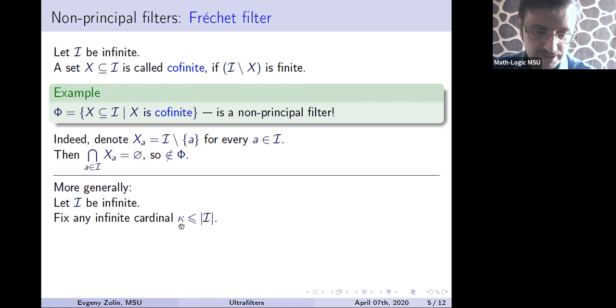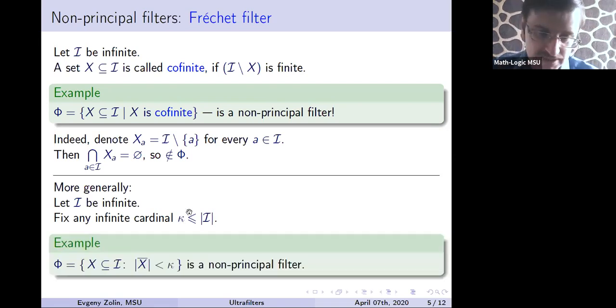It is either a natural number or omega or the cardinality of real numbers and so on. So it is a cardinal number. Consider all subsets X of I whose complements have cardinality less than kappa. Again, it is a filter. And moreover, it is again a non-principal filter.